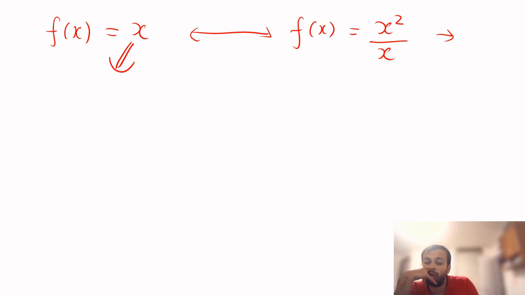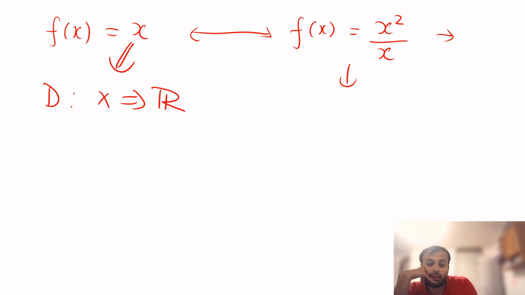Here, the domain is all x, basically x belongs to all the real numbers. All the real numbers are basically its domain. But in this function, you know that the denominator cannot go to 0, right?